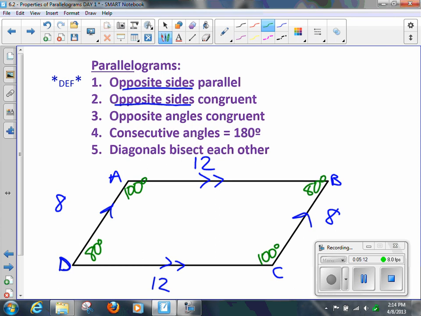Now, here we go. What else? So we've got opposite sides are parallel, opposite sides are congruent, opposite angles are congruent, and consecutive angles add up to 180, right? What about their diagonals? Because this is important. The diagonals bisect each other. What does bisect mean? How do they cross? In the middle.